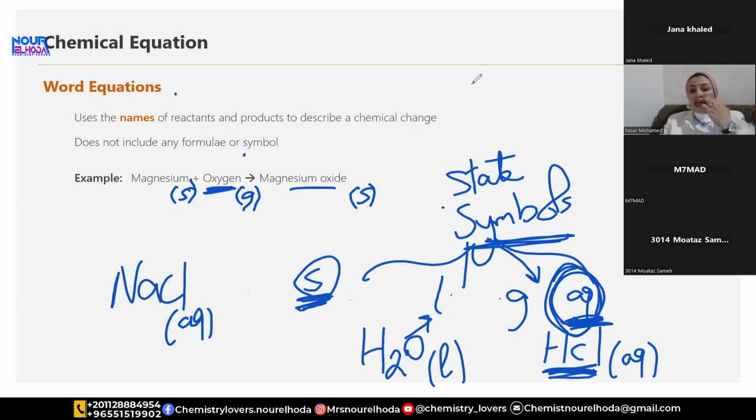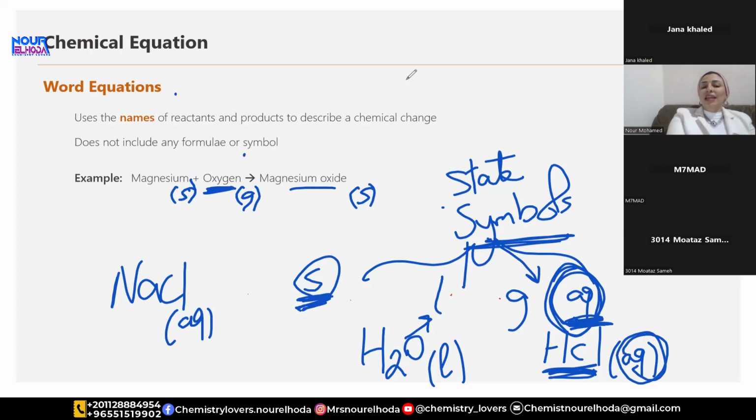But HCl is a substance that dissolves in water. All acids are aqueous: HCl, H2SO4, HNO3. Never write liquid for an acid. This is wrong. Since it dissolves in water, you write AQ.